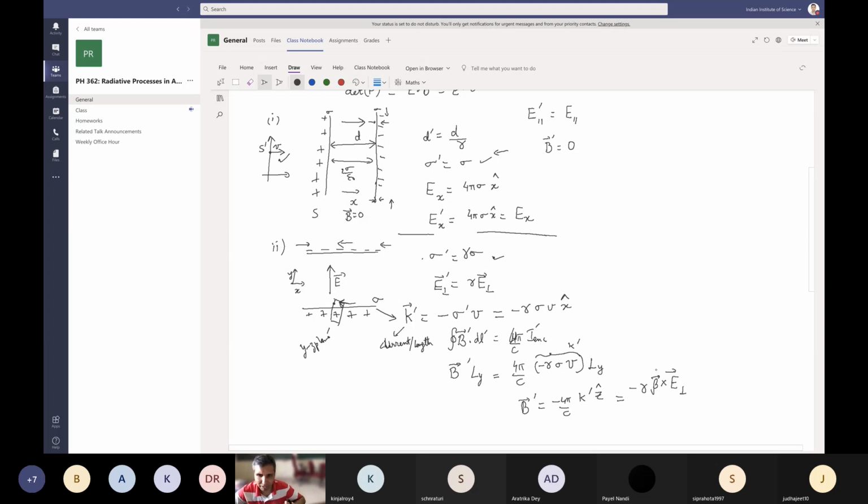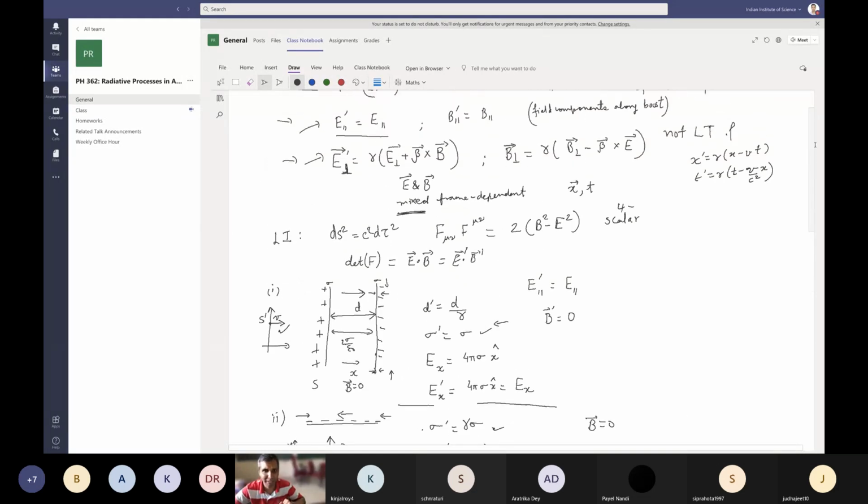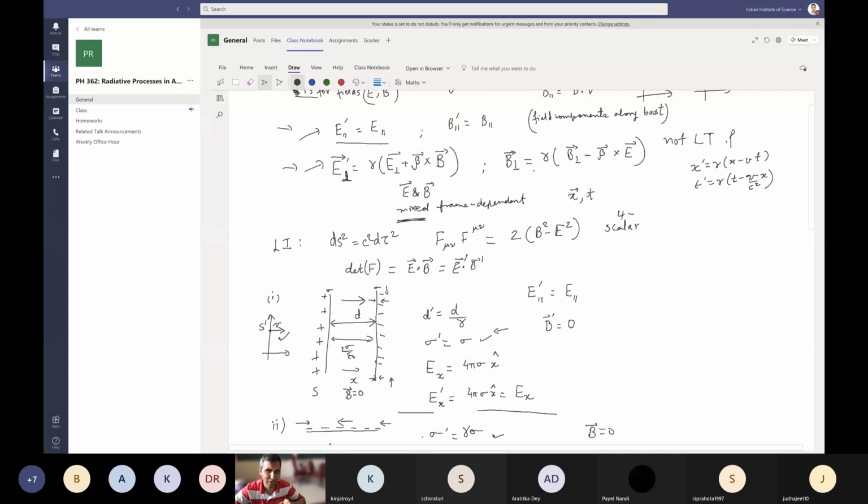Actually, E perp is equal to E. So basically what you see is in the lab frame B was 0, because there were no currents, charges were stationary. But in this frame, in which the boost is perpendicular to the electric field, there is a magnetic field which emerges. And we already saw this mathematically in these transformation laws.